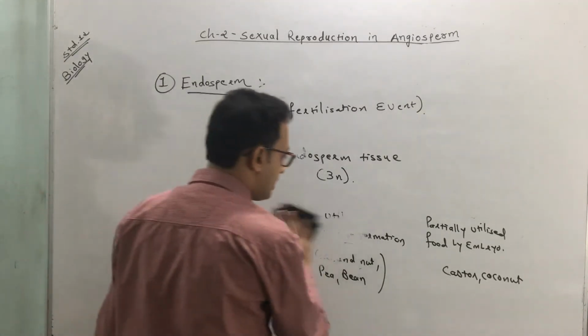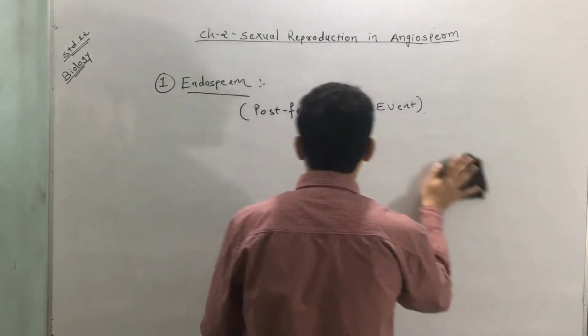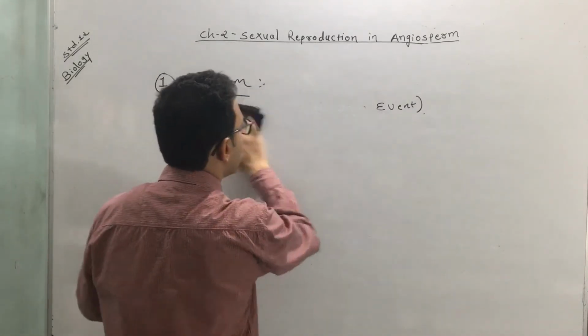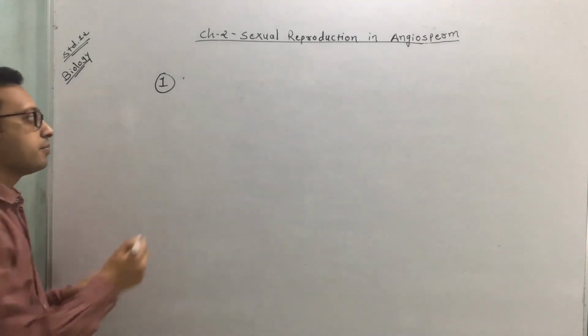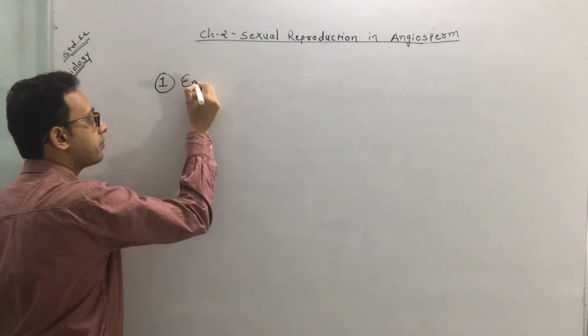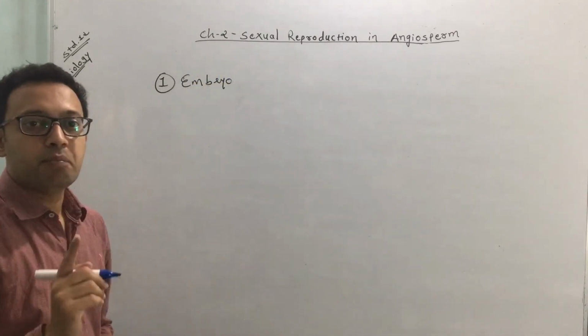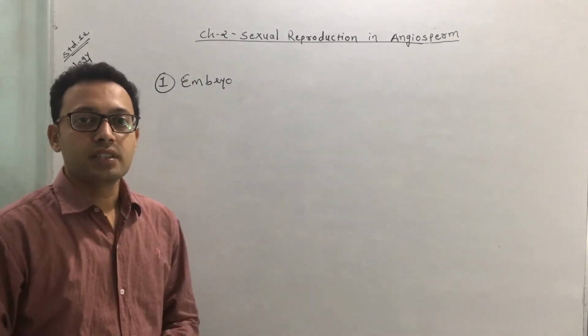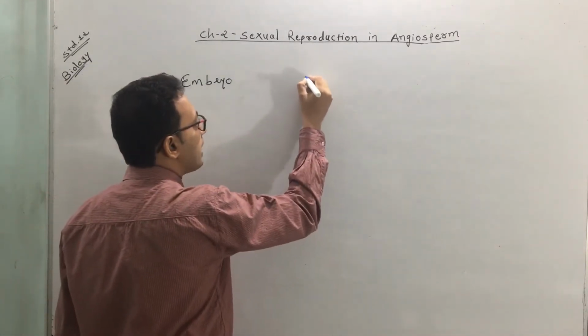The second process after fertilization. Another post-fertilization event is the formation of the embryo, and that is a very important step. You know that the embryo is formed from the zygote.